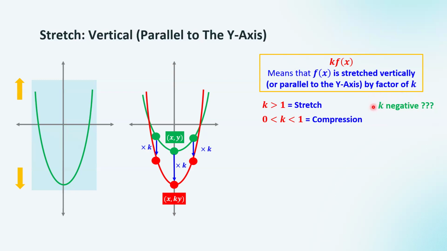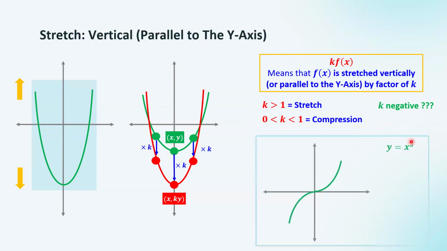Remember from the reflection slide that if the k is negative, we reflect it by the x-axis, and then we apply this stretch or compression value. So it's going to be double. You reflect it and then you stretch it. That's what happens if you have a negative k value. Let's try to see the example, shall we? So the first example is going to be y equals x cubed.